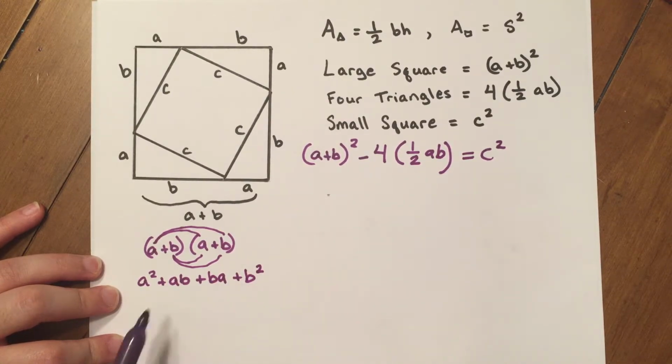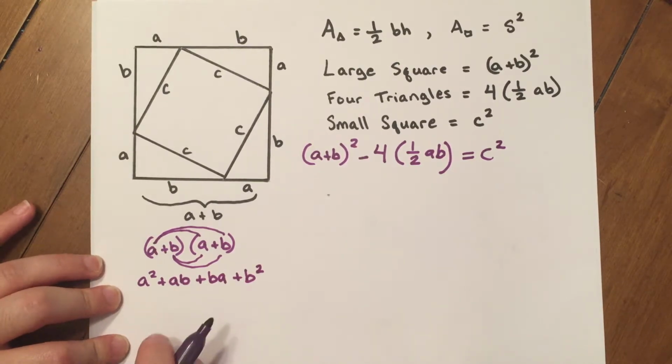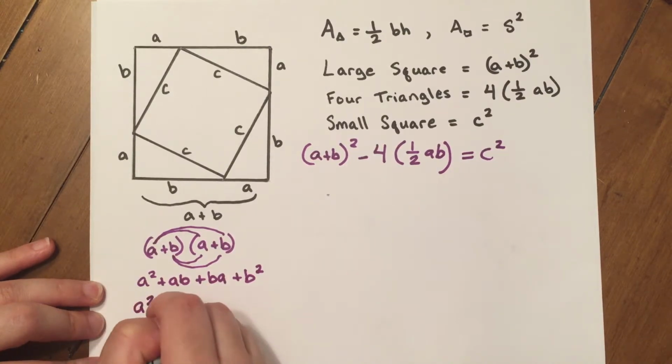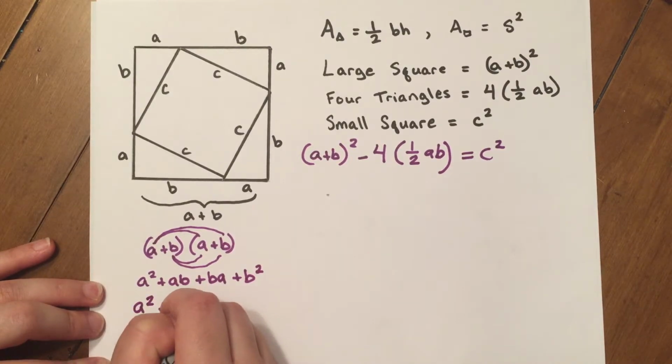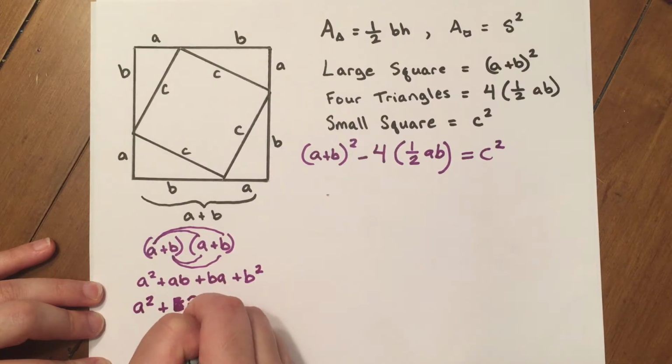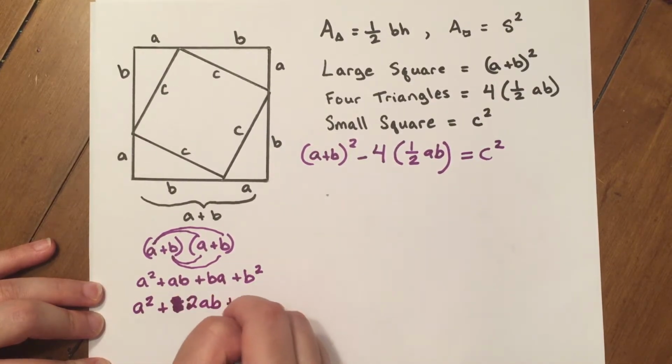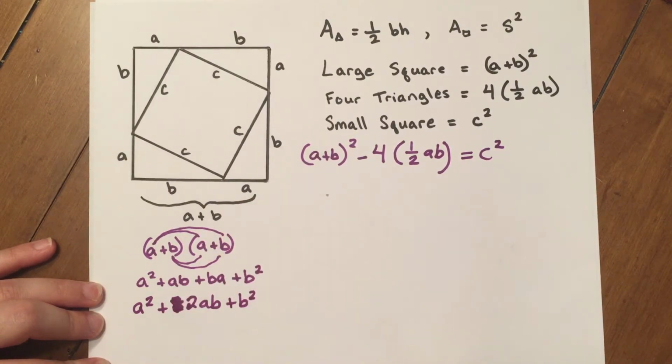But in algebra, AB is the same as BA, so we can combine those together in the middle and say that we have A squared plus 2AB plus B squared is what we end up with for the A plus B squared.